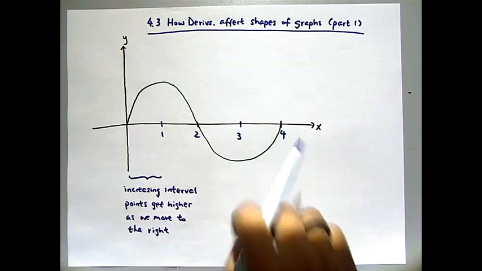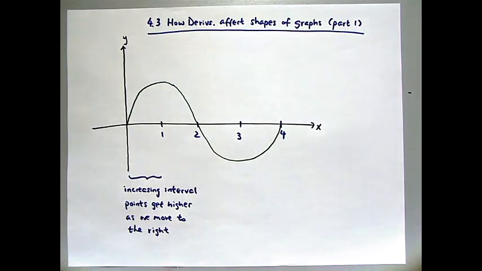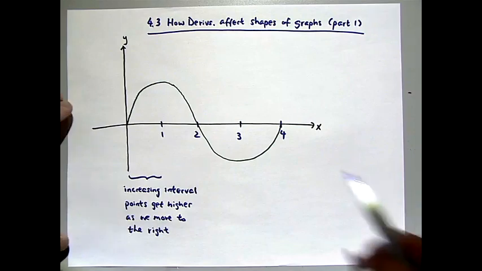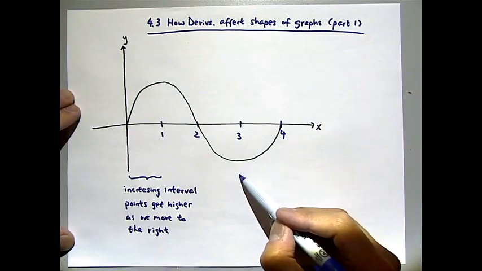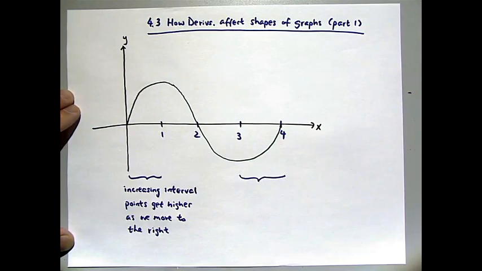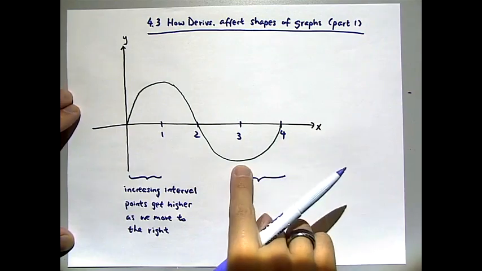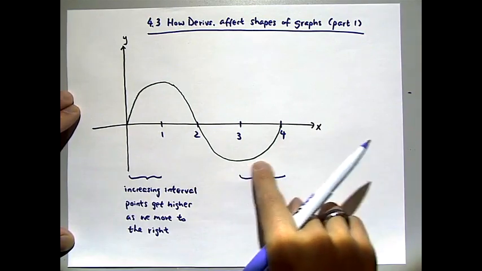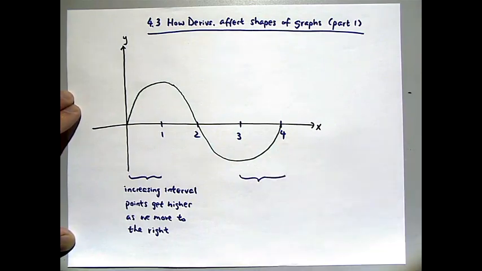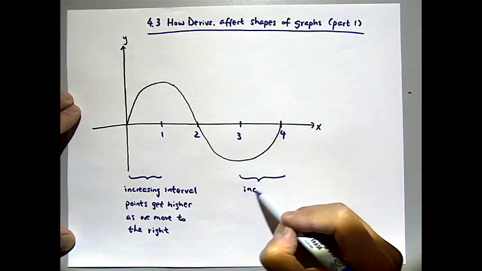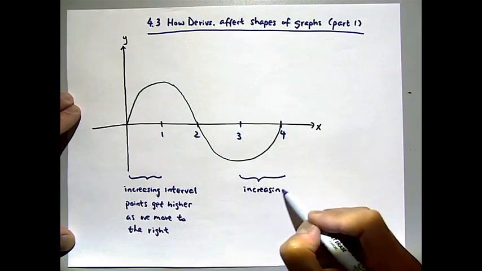As we move to the right, each point we encounter gets higher and higher, and we call that an increasing interval. Notice the same thing happens from 3 to 4, right? We start pretty low, but each time we move to the right, every point on the right is somewhat higher than the previous point. So this is also another increasing interval.